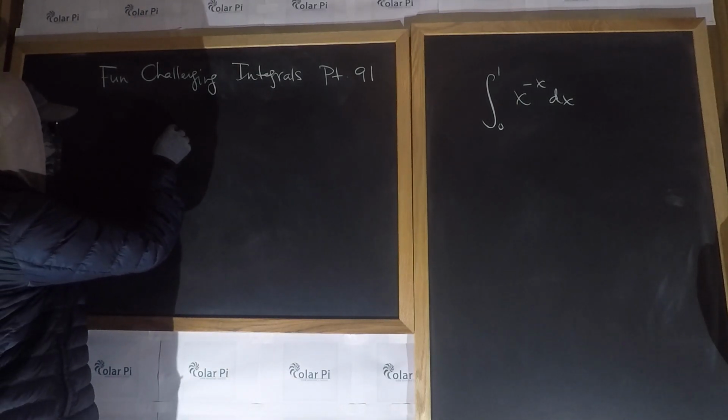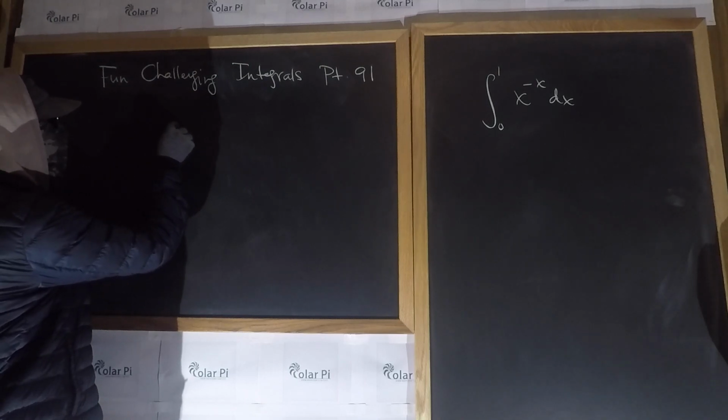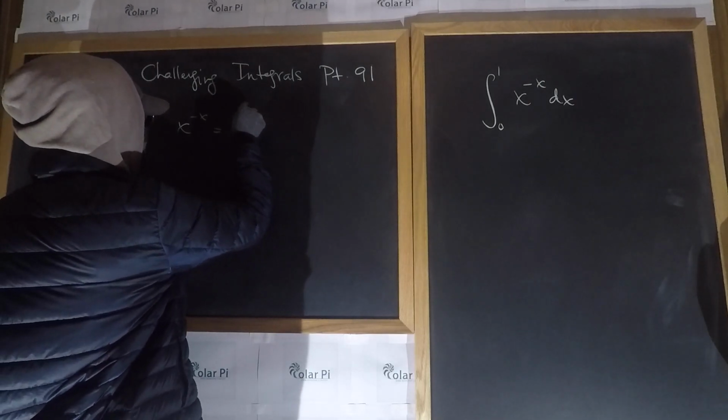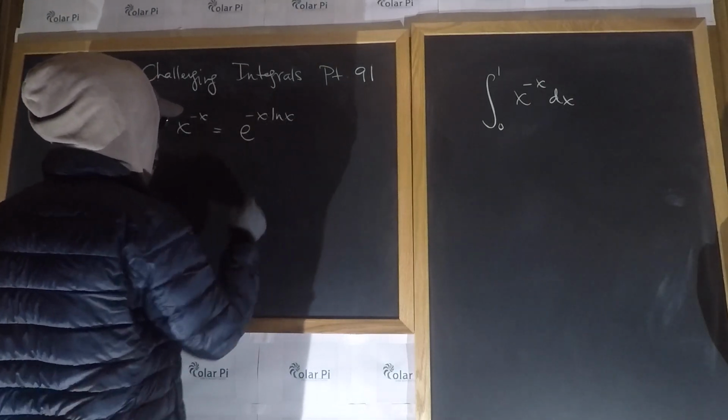Well, same old. We know we could write x to the minus x as e to the minus x times the natural log of x.